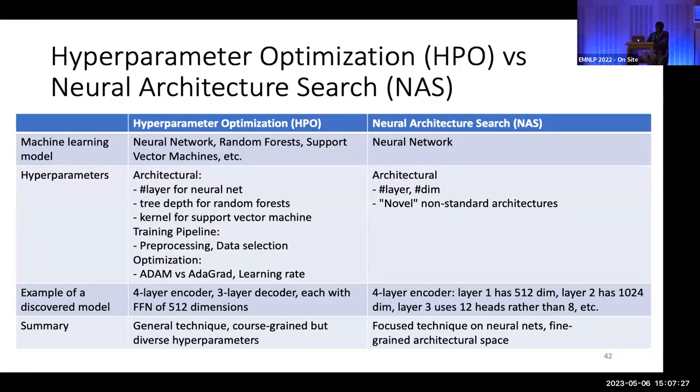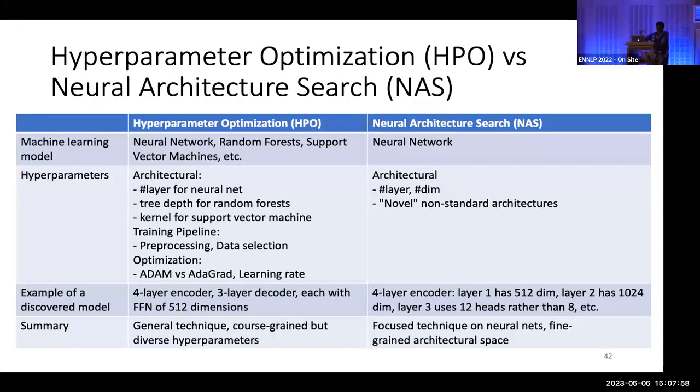So that is one big difference, and you have to choose what you need. Because of those differences, the kinds of models you might find might be different. For hyperparameter optimization, you might find a model that says, okay, my best model is say a 4-layer encoder, 3-layer decoder, each with a feed-forward net dimension of 512, right? Something general like that.